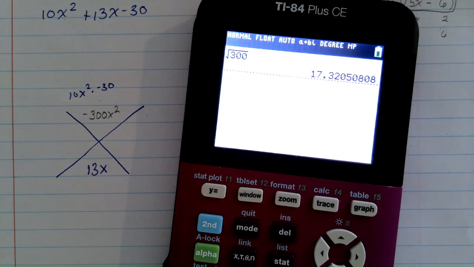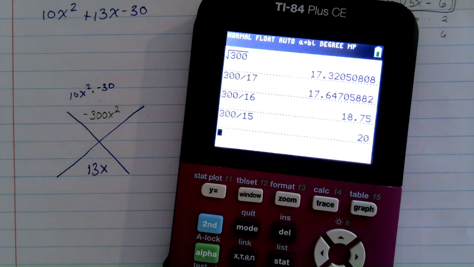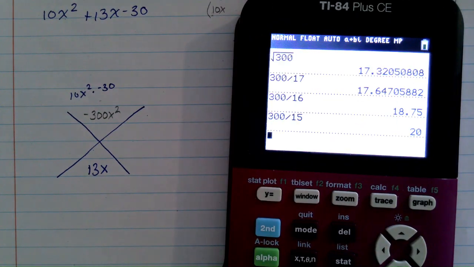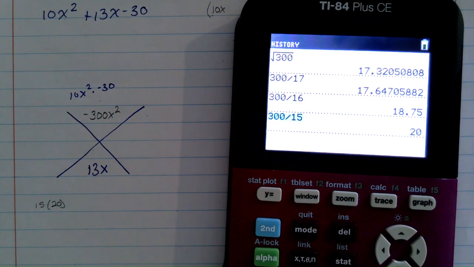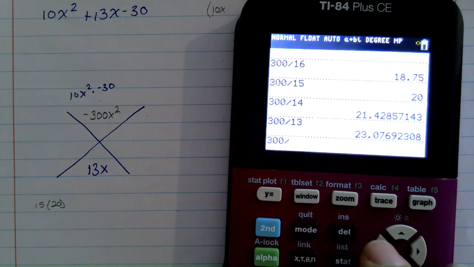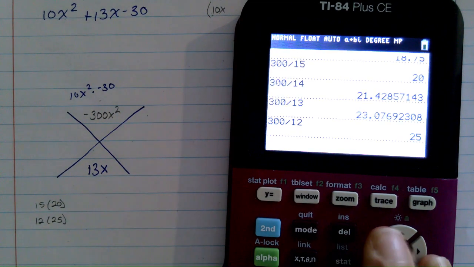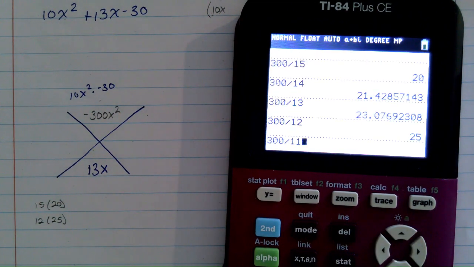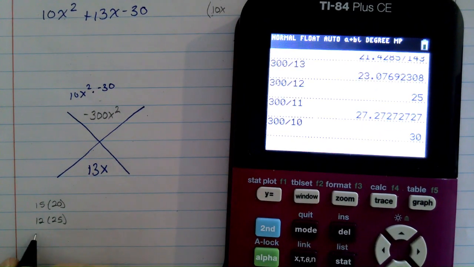Okay? So does 300 divide by 17? Nope. 16. Nope. 15. Yes. 15 and 20. 14. 13. 12. Yup, 12 and 25. 11. Some of you know these obviously do or do not work, and that's okay. 10 and 30.